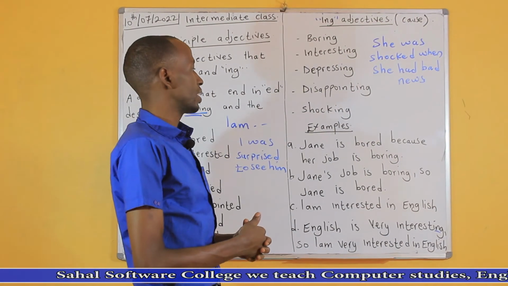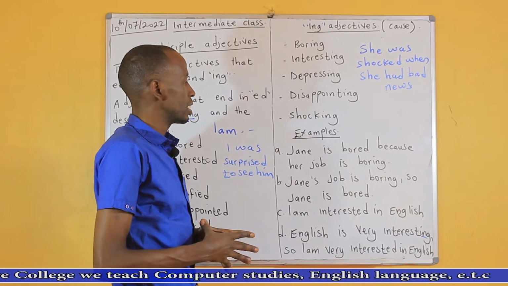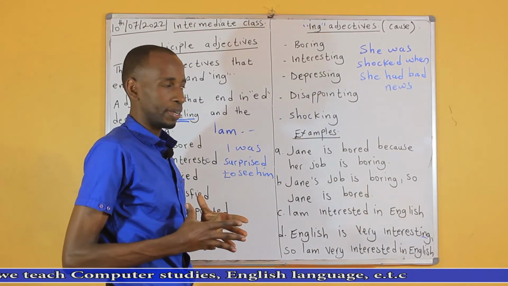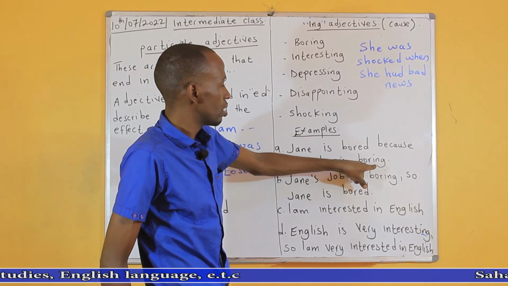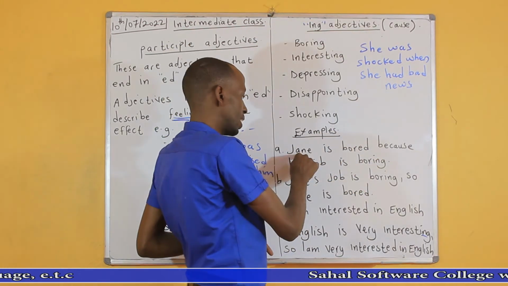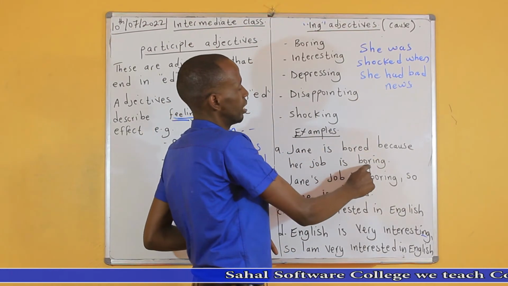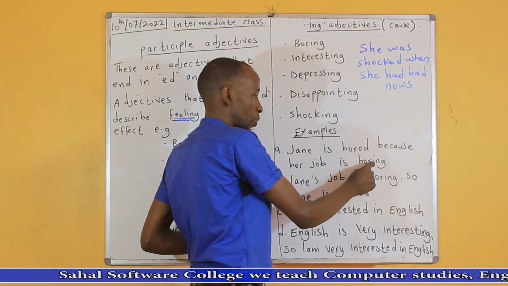Let us see some examples. For example, A: Jane is bored because her job is boring. Now, this is the cause of boredom, that's why Jane is bored, because her job is boring.